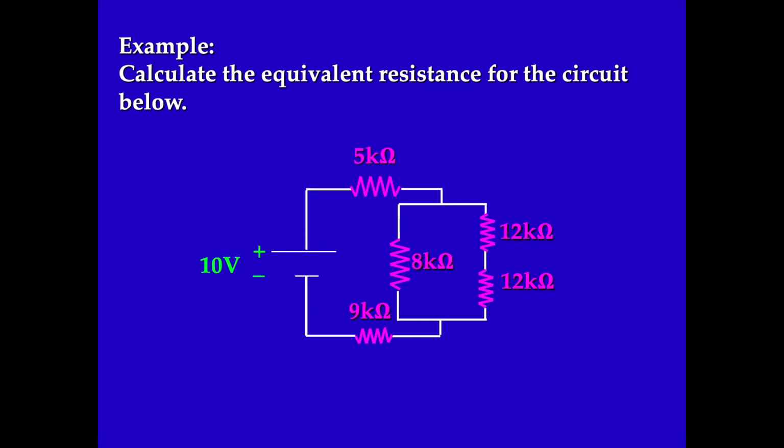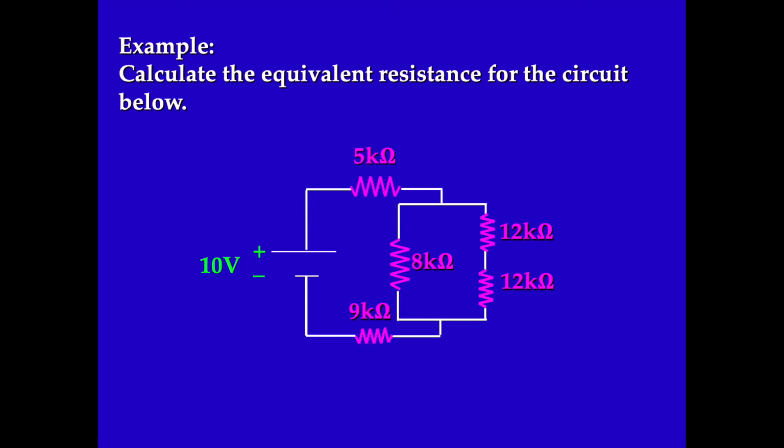So what I want to do in this circuit, I want to calculate the equivalent resistance of the circuit. And then I want to calculate the voltage across each resistor and the current through each resistor.